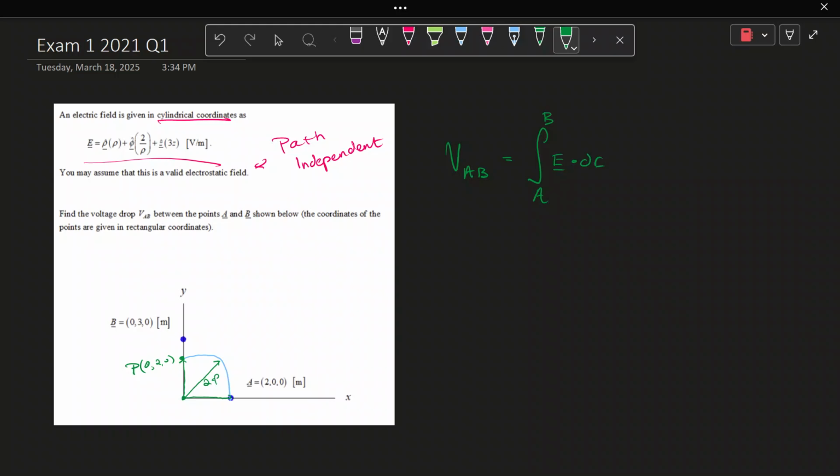Now, in cylindrical coordinates, we know dr. I need to look at my crib sheet here real quick. Dr in cylindrical coordinates is equal to rho hat d rho plus phi hat rho d phi plus z hat dz.